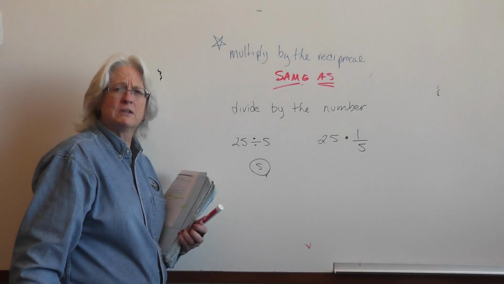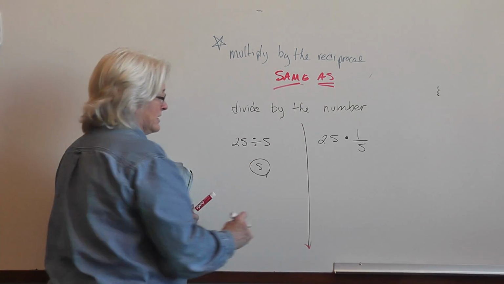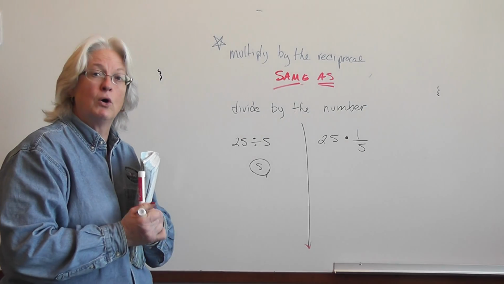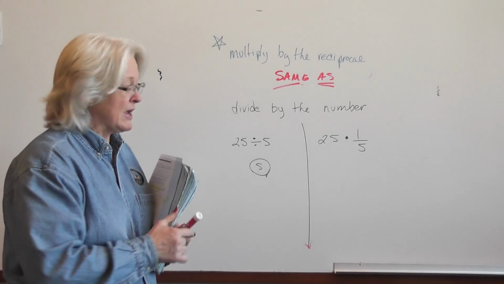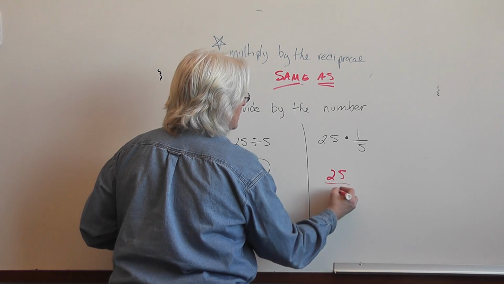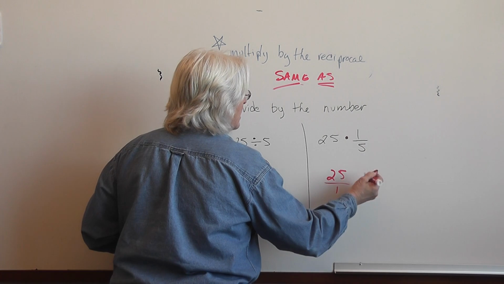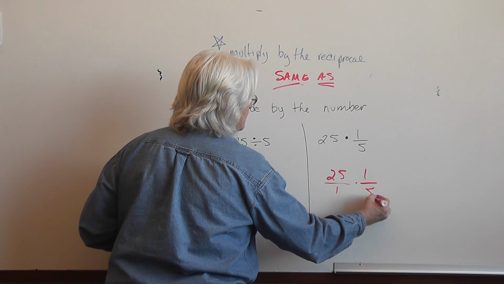Is that really going to be the same thing? Well, let's think about this. How do we multiply a whole number and a rational number? Have them both take the form of a rational number, and then it becomes crystal clear and very obvious what it is that you're going to do.